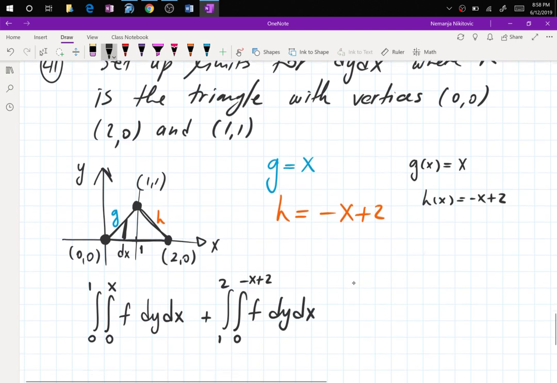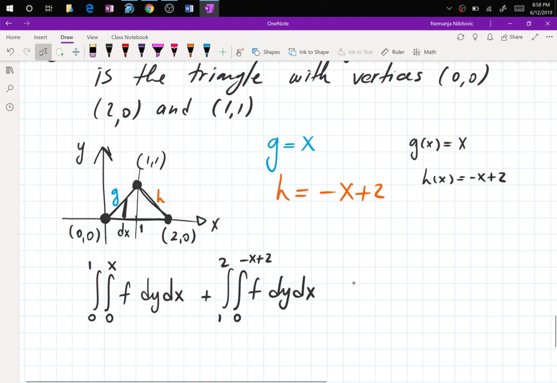So these two integrals together, one covers this shade over here, and the second integral is here, right?